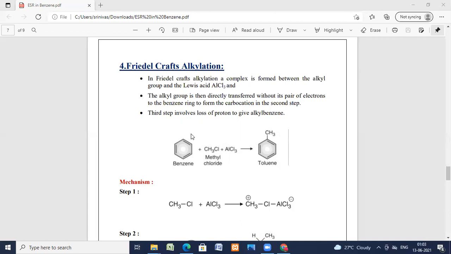The reaction mechanism involves the following steps: generation of the electrophile, and again the same formation of the carbocation, and transfer of proton from the carbocation to form the final product. The evidence in support of the electrophilic character of substitution can be shown by different factors.